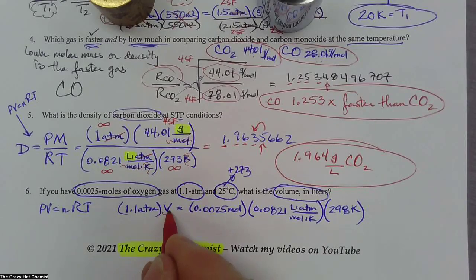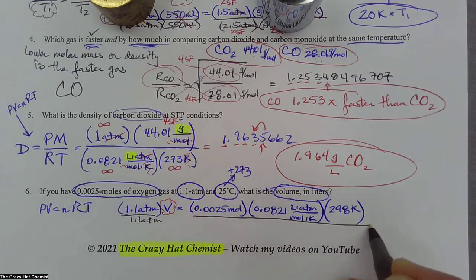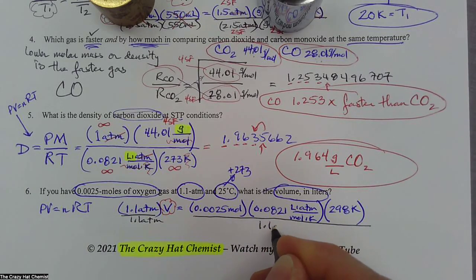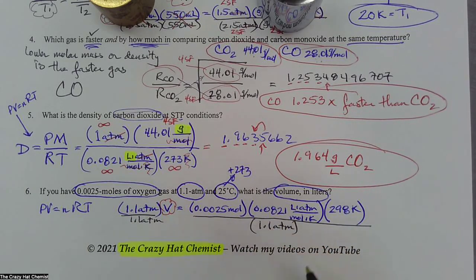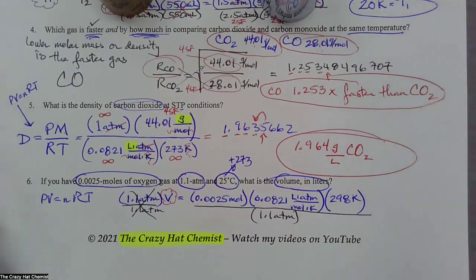I am going to solve for this volume. So I'm going to divide both sides by 1.1 atmospheres, dividing by 1.1 atm. Just like that. This cancels out. This is looking good. Okay. And then I'm going to plug into my calculator. This is V that I'm solving for.